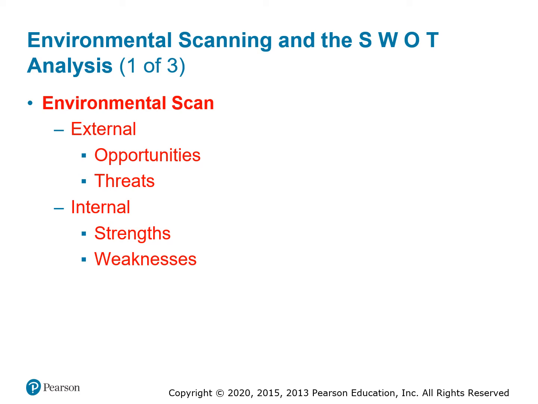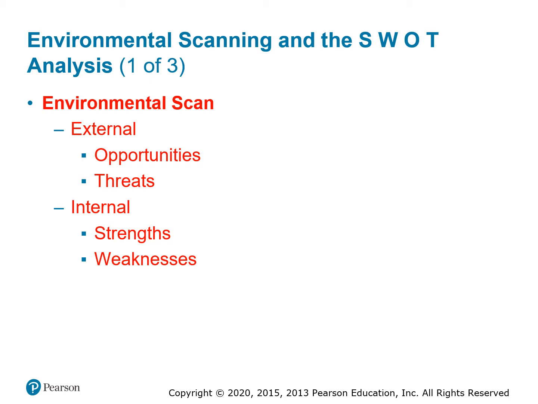These are the things a firm has some control over and can change. Strengths are the internal positive attributes of a firm. Weaknesses are negative factors that detract from a firm's strength. The weaknesses are the areas a firm needs to improve to be competitive and more successful.